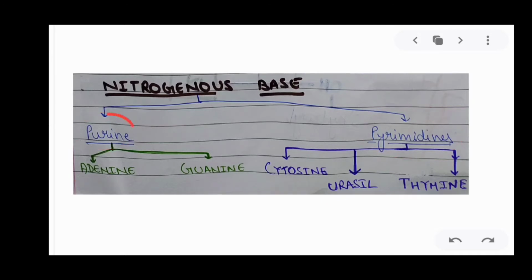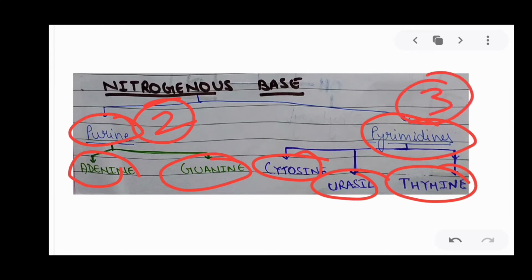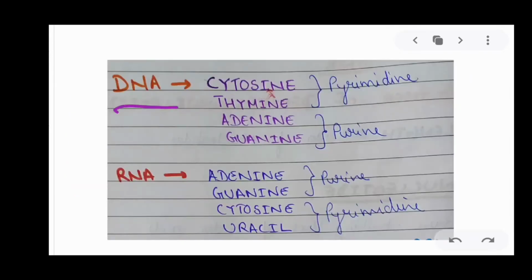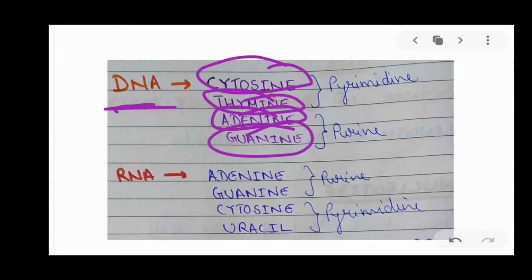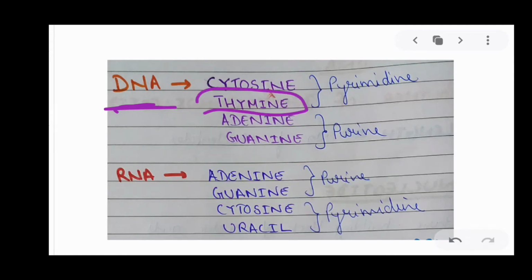So two for purine and three for pyrimidine. If we see the DNA, we find that cytosine, thymine, adenine, and guanine, these four nitrogenous bases, are present in the DNA. And in RNA also, we have adenine, guanine, and cytosine, but uracil is not present in the DNA, whereas thymine is not present in the RNA.